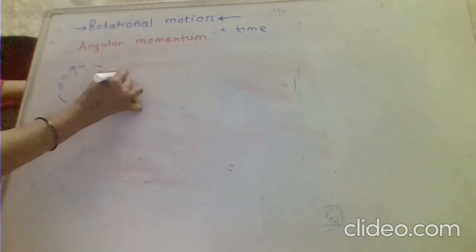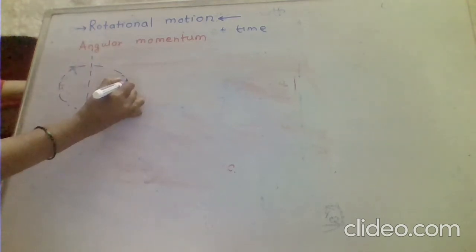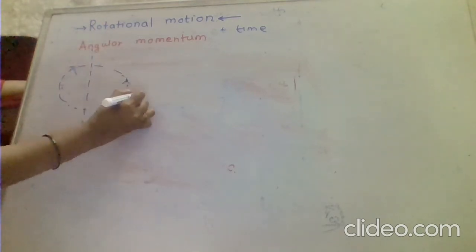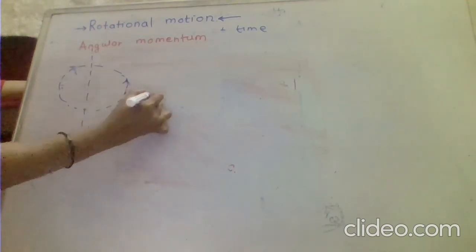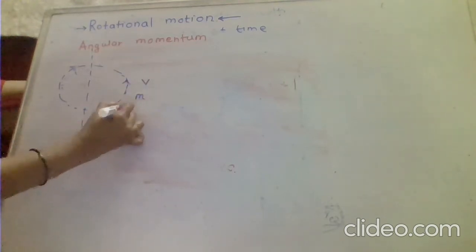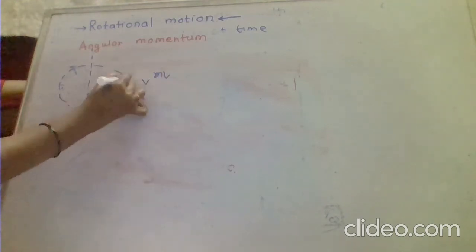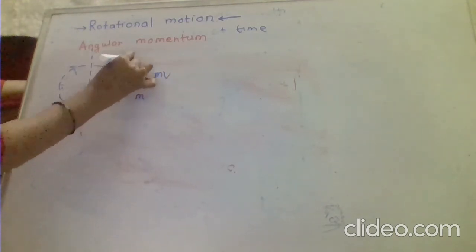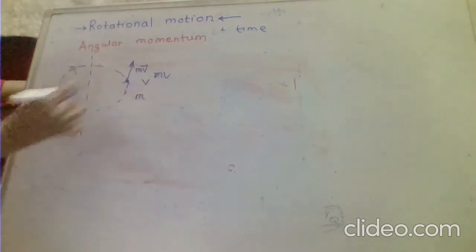It is rotating about this axis of rotation, and m is the mass of the particle, and the particle has linear velocity v. So the particle has linear momentum mv, and at this instant, if the velocity is v, then the linear momentum is mv along this direction.